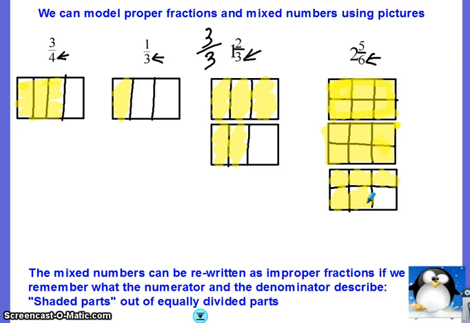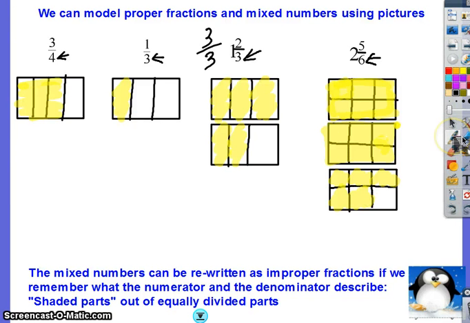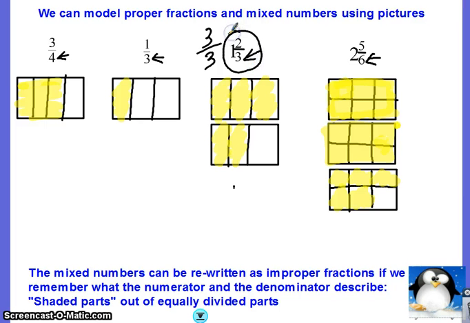Okay. So mixed numbers can also be rewritten as improper fractions. If we take a look at the numerator and the denominators, the shaded parts out of the divided parts is how we would write it as an improper fraction. So let's take a look at this example, the one I'm pointing to. Our denominator still stays the same because all of my boxes are still split into 3.